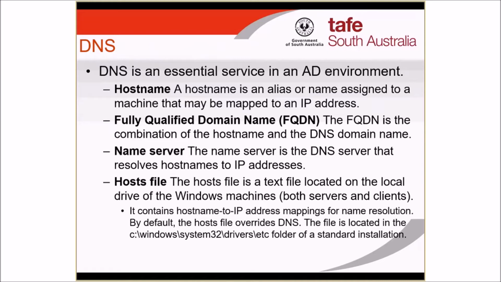A name server is the DNS server, the DNS server that can resolve these host names or fully qualified domain names to IP addresses. In Windows, there's also a hosts file, which is really not used. This is actually for name resolution as well, but this is more for the days where you didn't have DNS. No one really uses it these days. It's located in the C:\Windows\System32\drivers\etc folder, but no one actually uses it, and we use DNS mainly.